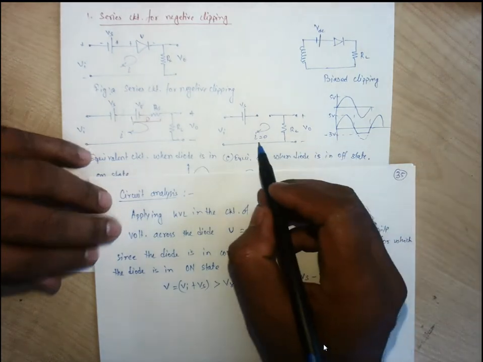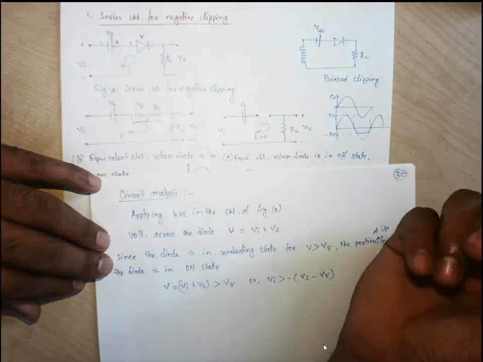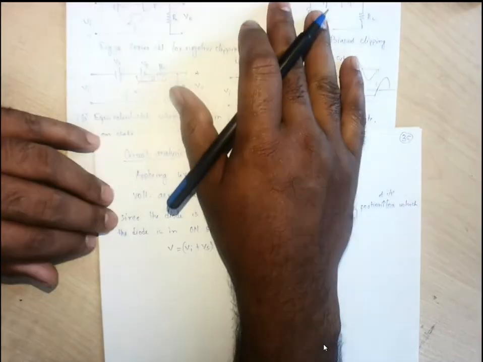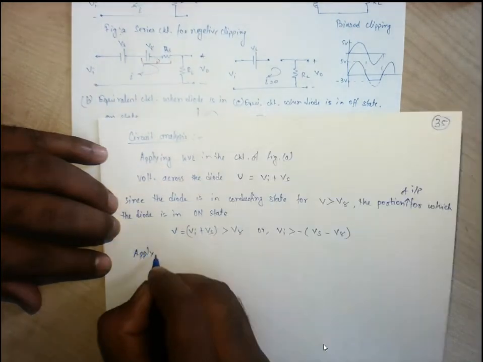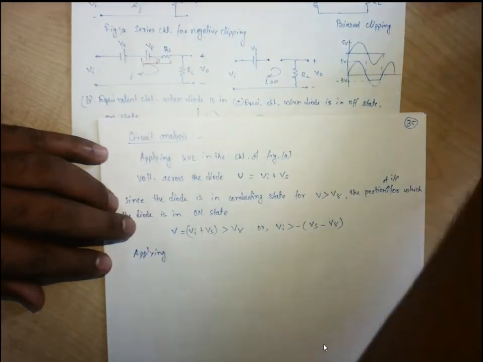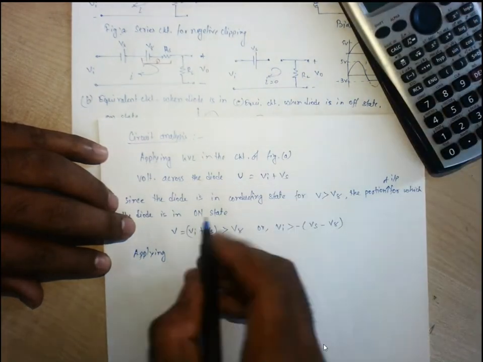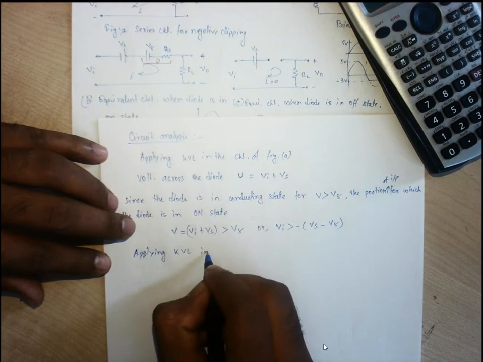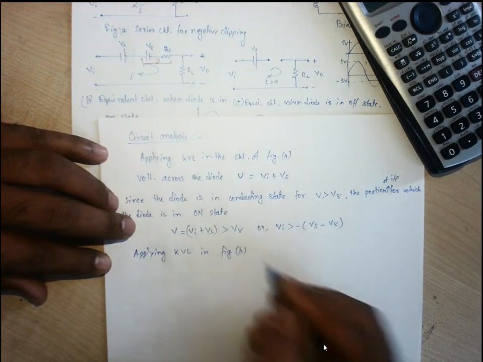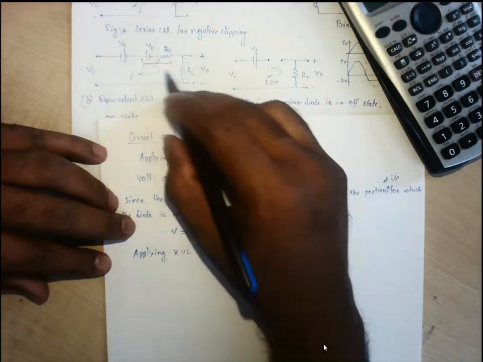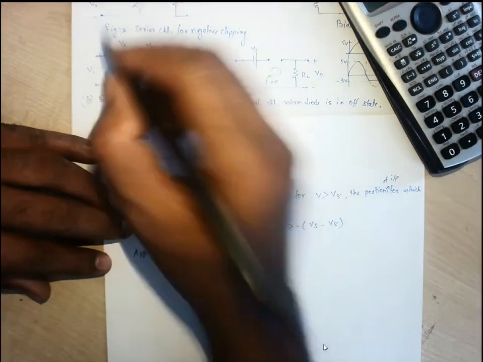So if we apply KVL in this equivalent circuit, figure B, what can we write?